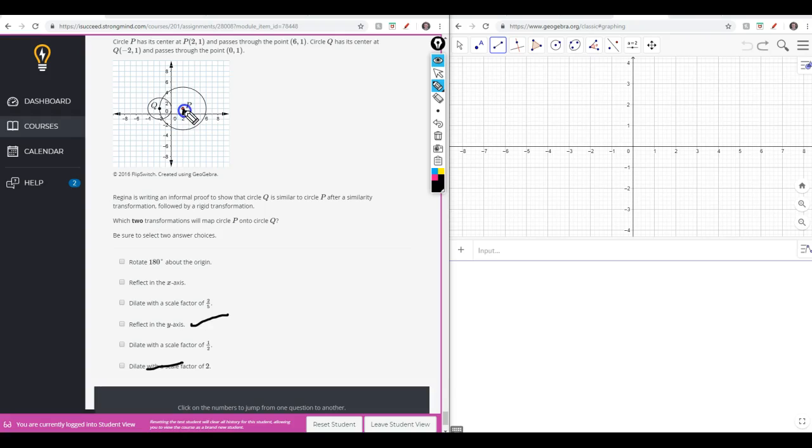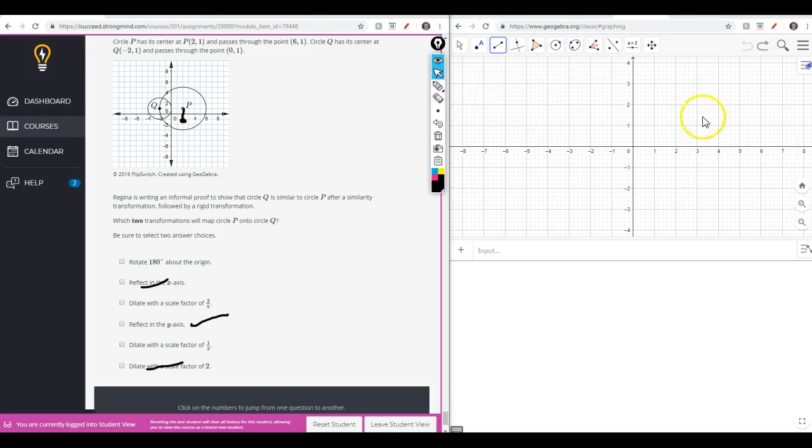Since point P is 1 unit away from the x-axis, up, point Q would then be 1 unit down. Since that doesn't happen, I'm eliminating the x-axis. So I'm just going to run with the reflect in the y-axis and dilate with a scale factor of 2/5.